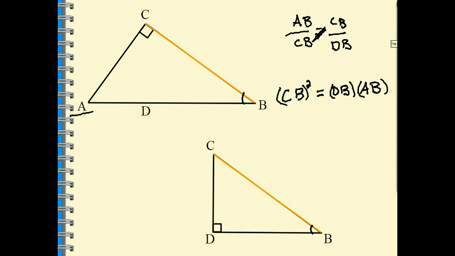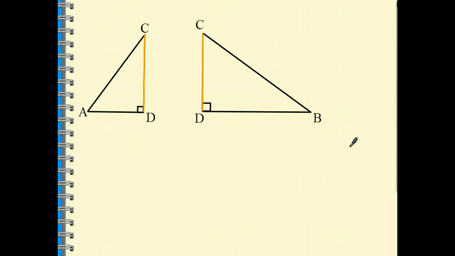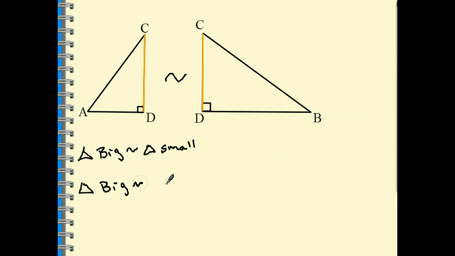All right, let's look at one last triangle pair, the small and the medium. Now, we don't have any reflexive angles here, but we do know that this triangle is similar to that triangle. Why can we say that? Well, we know that the big right triangle was similar to the small right triangle, and the big right triangle was similar to the medium right triangle.